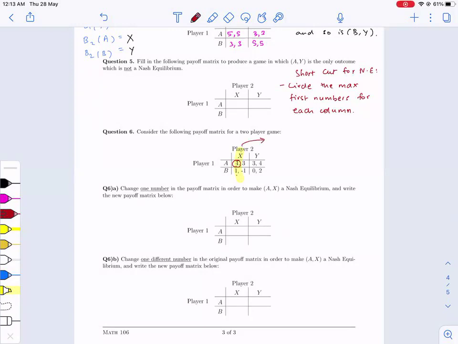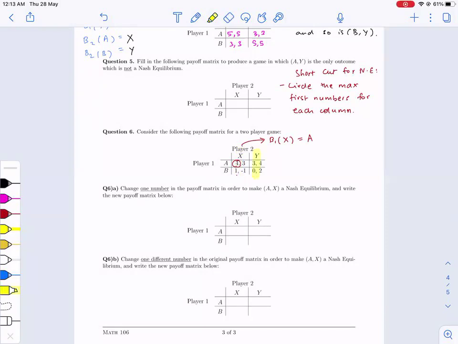This basically tells you that if player 2 plays X, then the best response for player 1 is A, right? Because if player 2 plays strategy X, then A is the one that gives player 1 the highest payoff. This is what we are basically doing when we are looking at the first column and then circling the maximum first number, right?